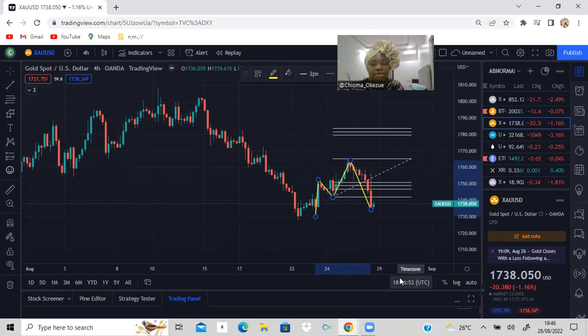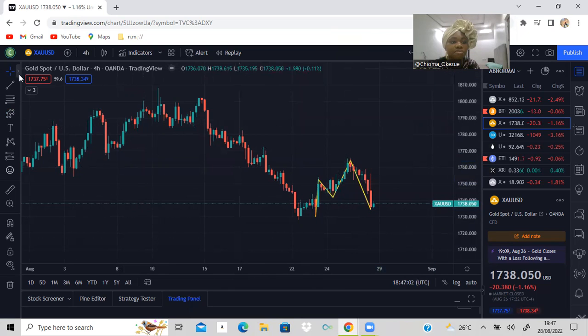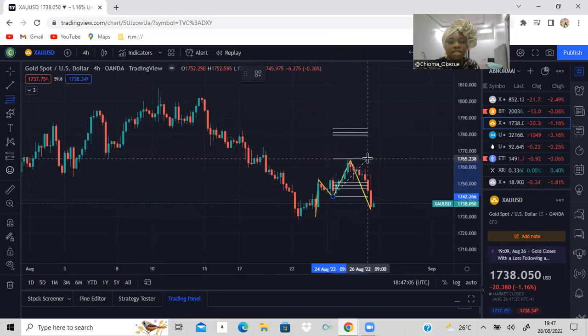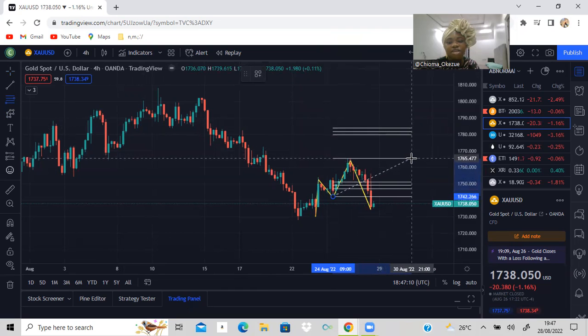So we draw our fib from the neckline of the M to the second leg of the M.